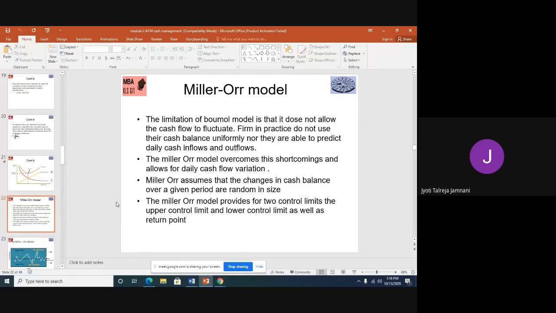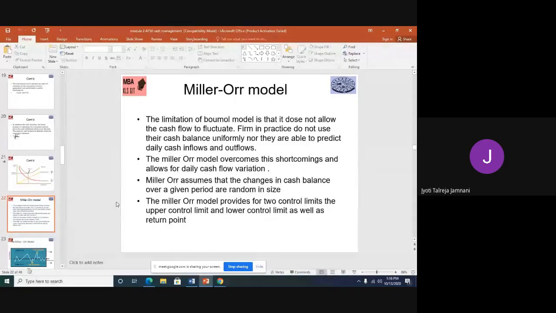Now, what does the Miller-Orr model do? It overcomes this shortcoming and allows for daily cash flow variation. It doesn't restrict you to use 2 lakh or 5 lakh, but helps you to fluctuate your cash on a daily basis. Miller-Orr assumes that the changes in cash balance over a given period are random in size.